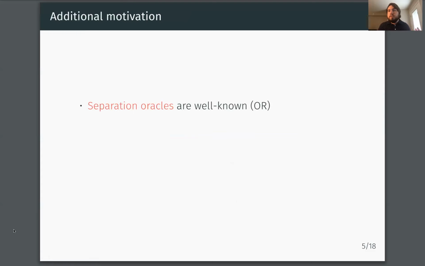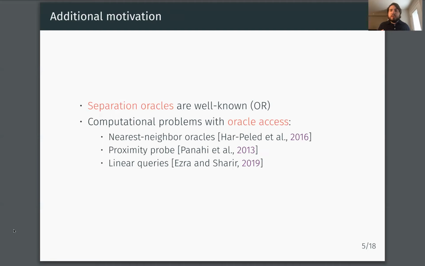Some additional motivation for this problem is recall that we will be dealing with separation oracles, and in general, separation oracles are well known. They're used in operations research, in linear programming, and so on. And from a computational geometry point of view, there have been other problems within the computational geometry community that have been studied where you are trying to solve a problem with access to some specific oracle.